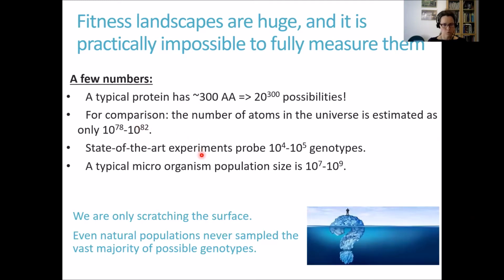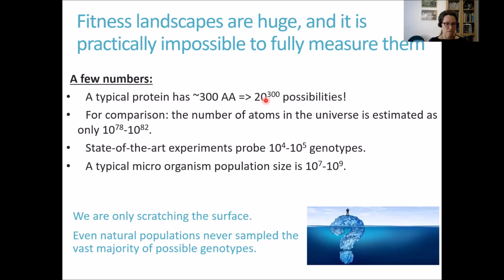But does biology do better? A typical microorganism population size is 10 to the 7 to 10 to the 9. So that is larger than the number of different genotypes measured in such experiments. And of course, populations have lived for a large number of generations, so they could have explored many different genotypes in that time. But it is not so sure that even biological populations have explored the huge number of possible genotypes that there are.